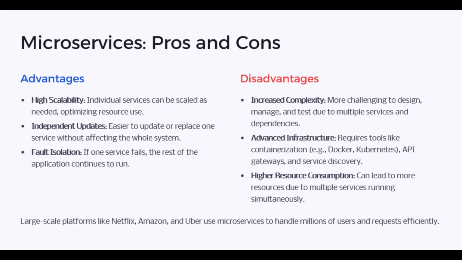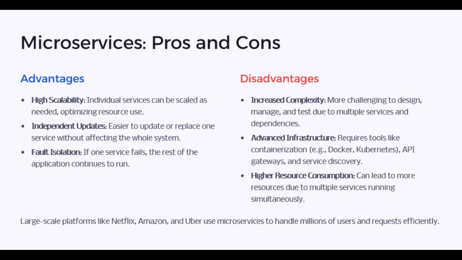Advantages: highly scalable, since individual services can be scaled as needed. Easier to update or replace one service without affecting the whole system. Fault isolation ensures that if one service fails, the rest of the application can continue running. Disadvantages: more complex to design, manage, and test because of multiple services and dependencies.